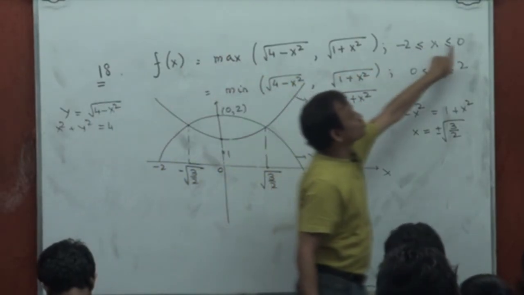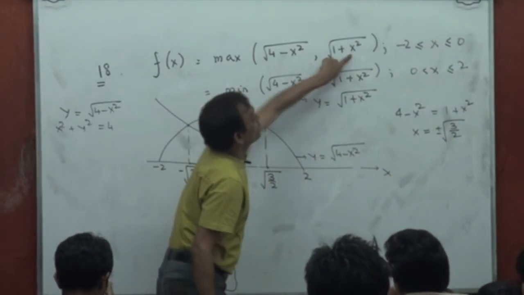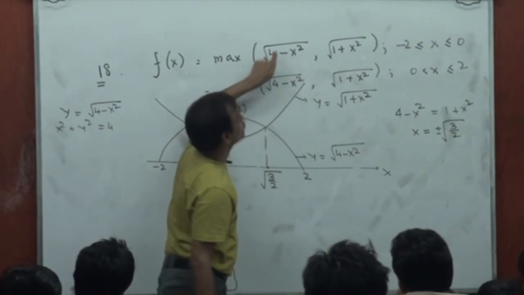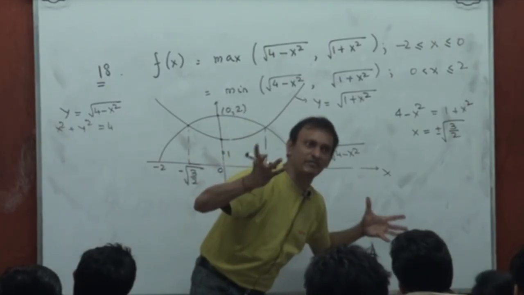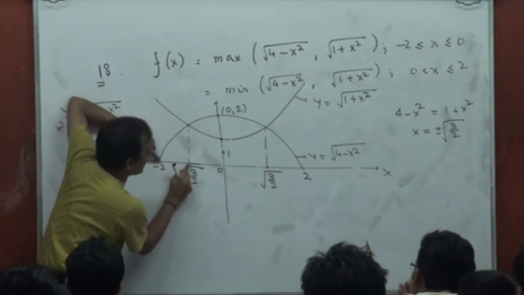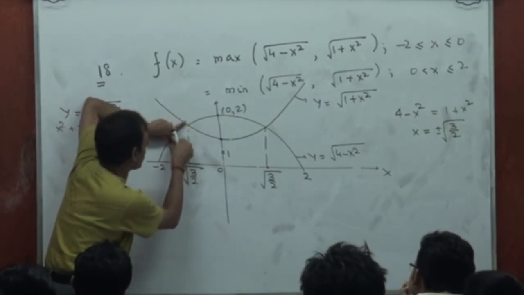Between minus 2 to 0, including minus 2 and including 0, the larger of the two will hold good. Maximum of the two means the larger of the two. That means the graph, whichever is higher in the xy plane, will prevail in an interval, right? So from minus 2 to minus root 3 by 2, this graph is higher. So this prevails and this goes away.